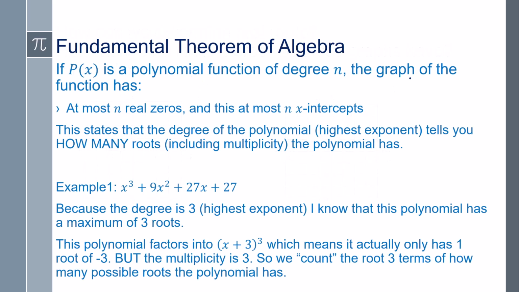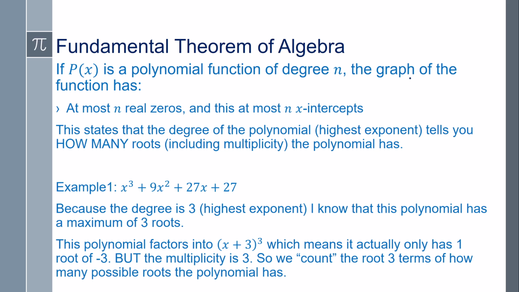So that leads to the fundamental theorem of algebra. That basically says that if a polynomial function has degree n, the graph of the function has at most n real zeros, which means x-intercepts. It's implying that the highest exponent is how many roots, including multiplicity, the polynomial has.